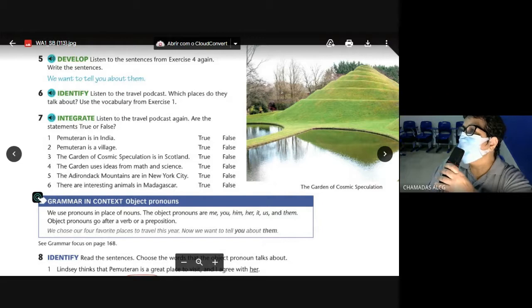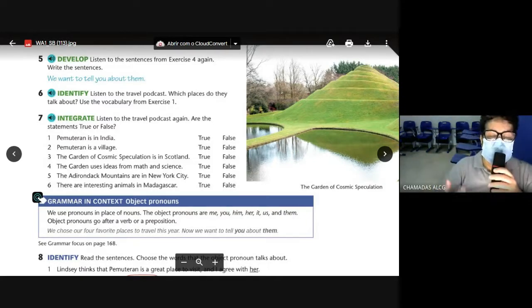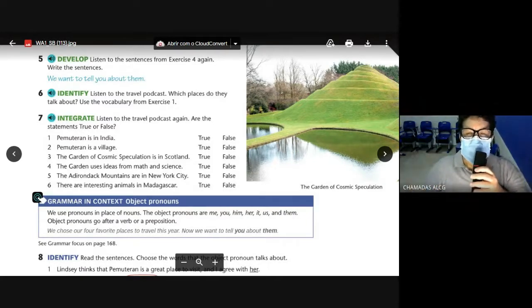So let me try just a second here. I will try to open up the previous page so you can have an idea what we are talking about.